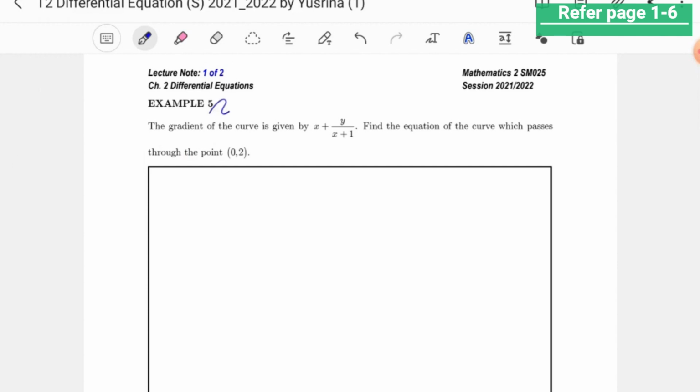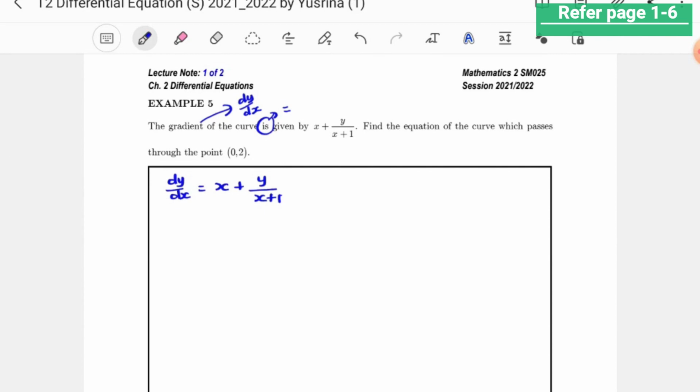The meaning of gradient is dy/dx, that means equal. So the equation is dy/dx equals (x plus y) over (x plus 1). Find the equation of the curve which passes through the point (0, 2).